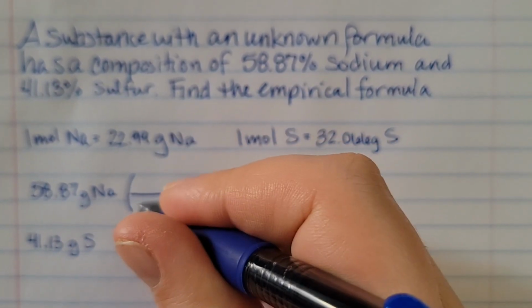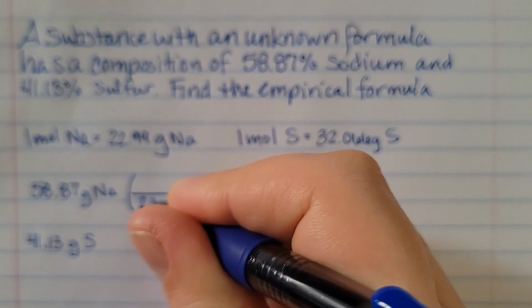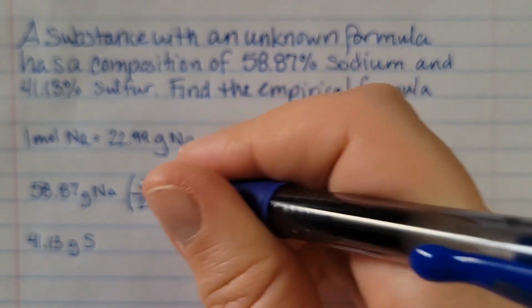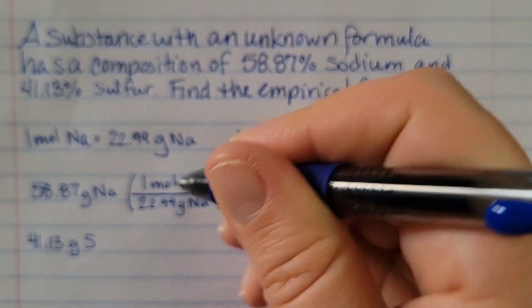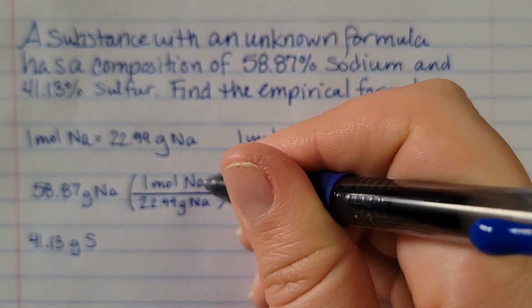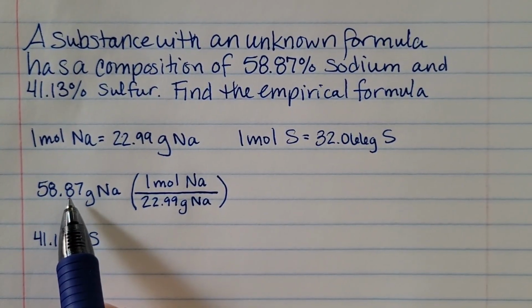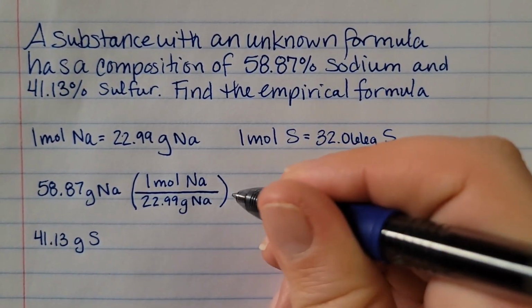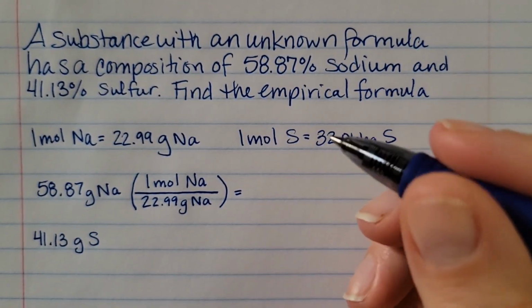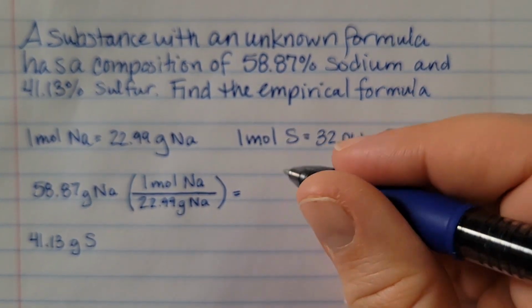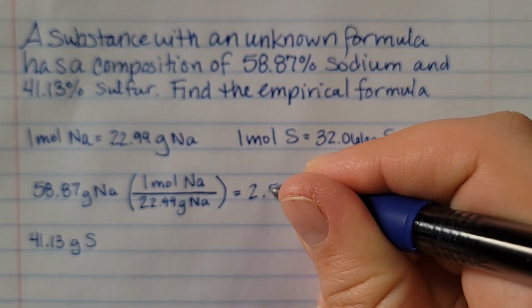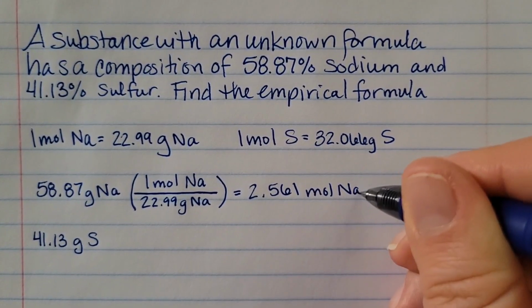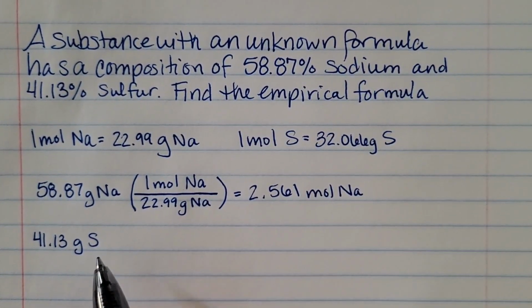So 22.99 grams will go in the denominator, and 1 mole will go in the numerator. We're going to divide 58.87 grams of Na by 22.99, and we will get a value of 2.561 moles of sodium.